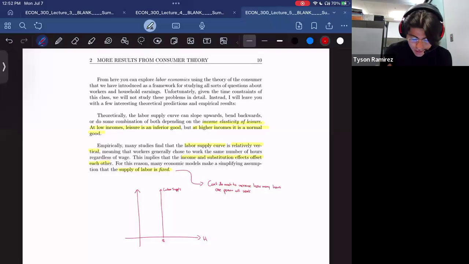Let me cut it right there. That's all I want to say about this labor stuff, because as I said, unfortunately I won't have time to get into more nuance about labor supply and labor demand. But there's more information in the textbook, and if you find this interesting, I highly encourage you to take higher level econ classes, and you will learn a lot of really cool stuff about what these things look like for different markets, even different parts of the world.